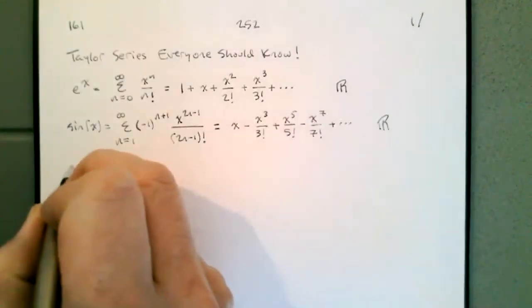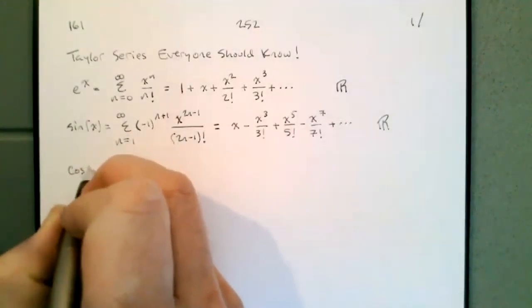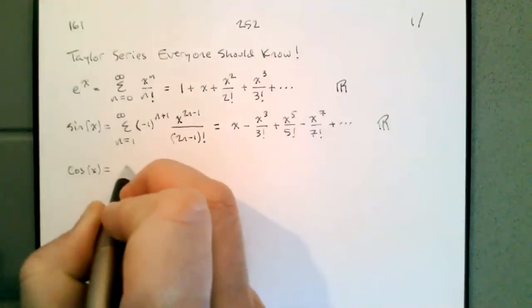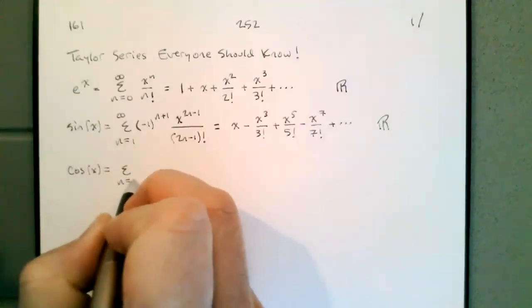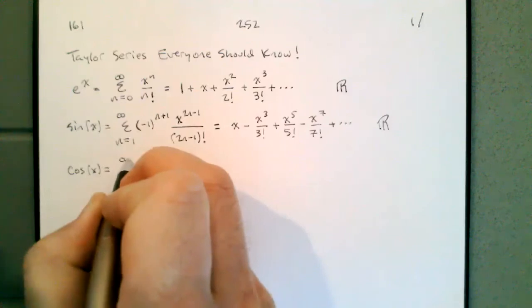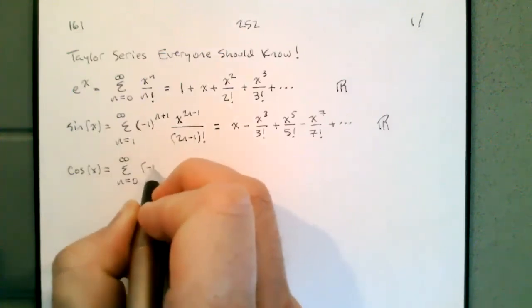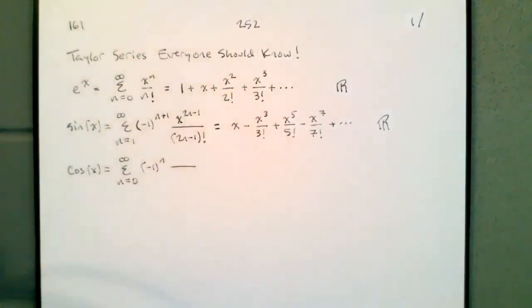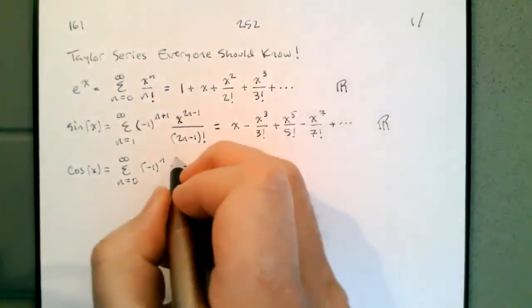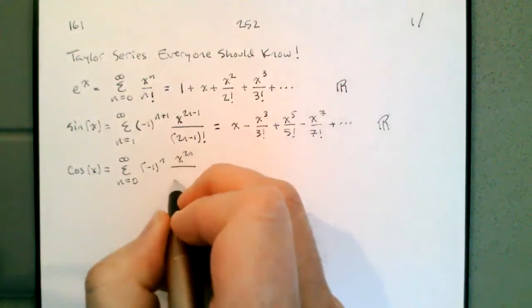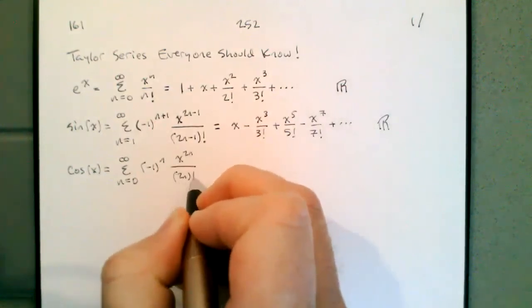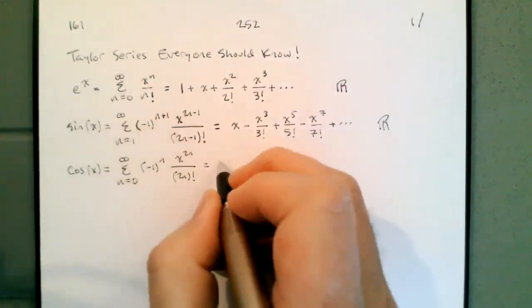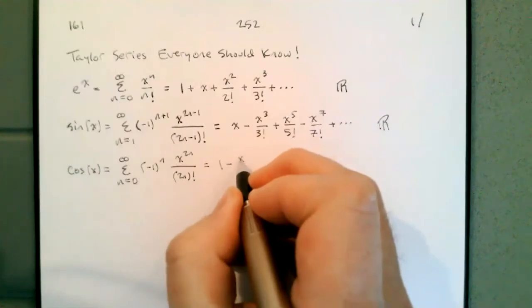So cosine x is the even one. It's also alternating, so I'll write minus 1 to the n. And it's the even power, so x to the 2n over 2n factorial. So it starts off with 1 and then alternates the even powers.